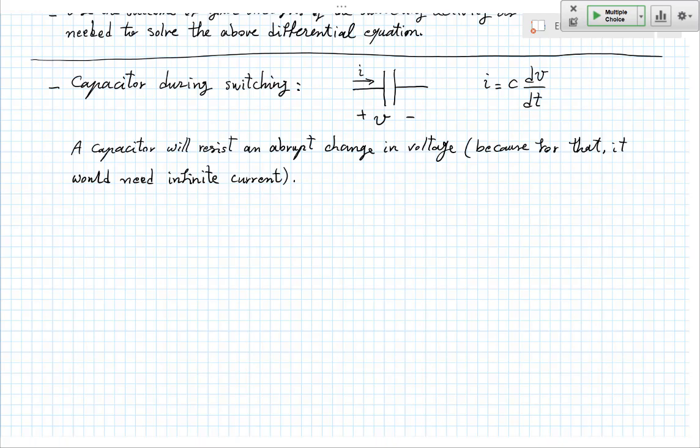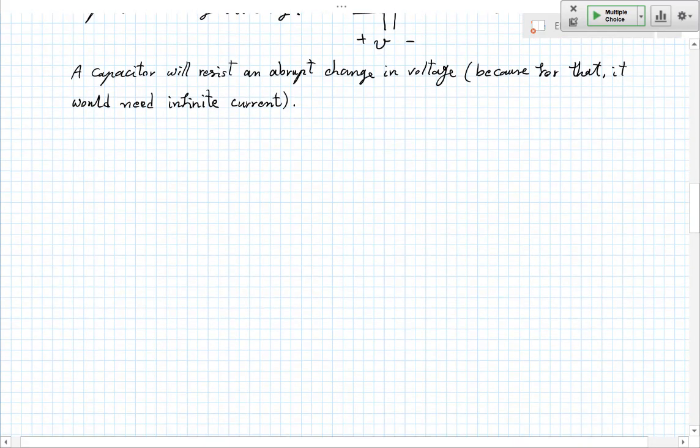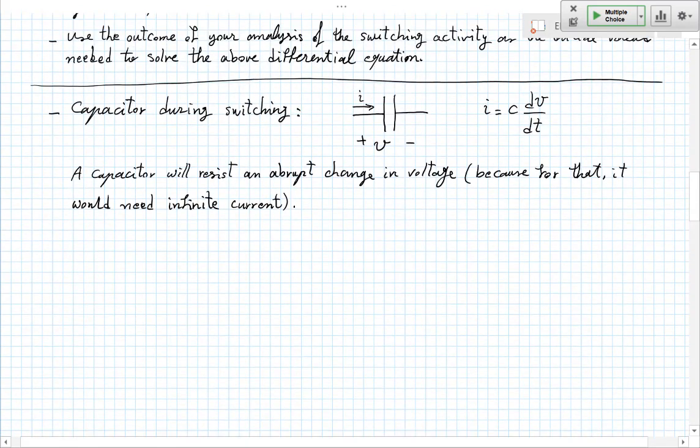But we are concerned with DC, so when things are not changing with time at all. If things are not changing with time, you see from the same equation, everything is going to be constant with time. dV by dt is 0. The current is going to be 0. In DC steady state, therefore, the current of a capacitor is 0. It acts like an open circuit.